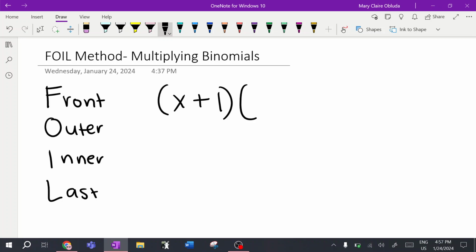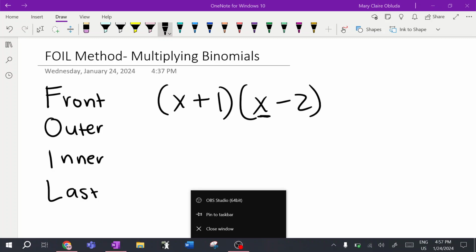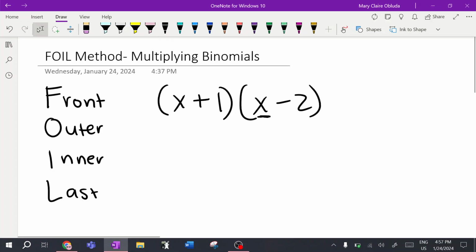X plus 1, x minus 2. Okay, so we're multiplying these two by each other, and we want to simplify them. But it would be kind of hard to multiply this first term times this entire expression right here. So we are going to use this to make sure we do each term.